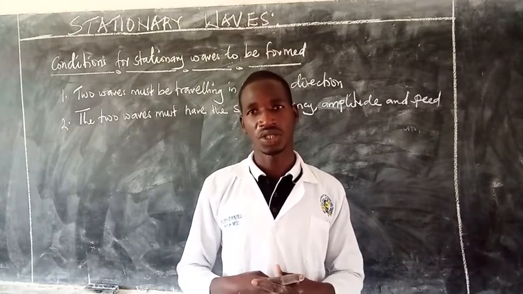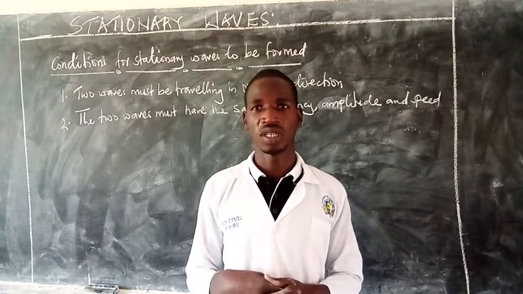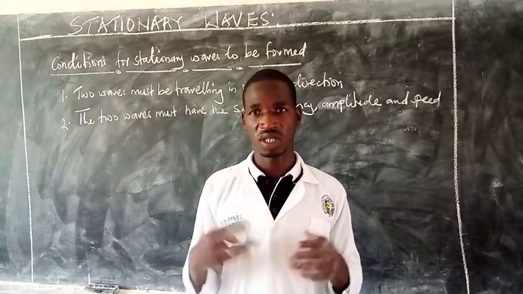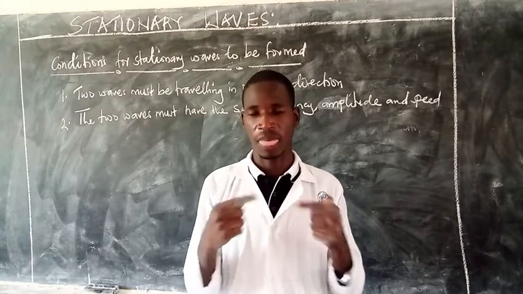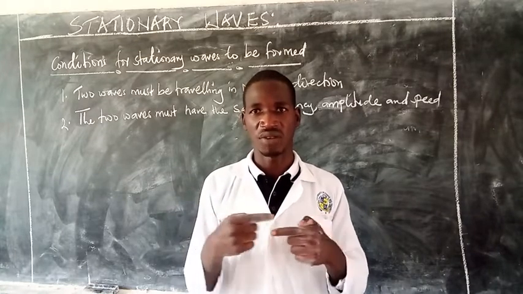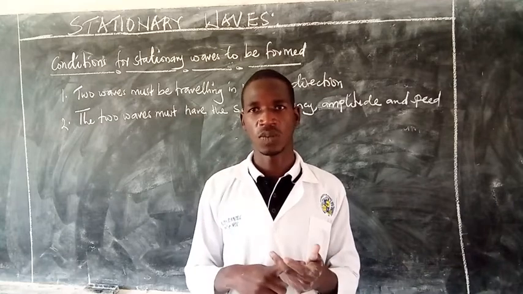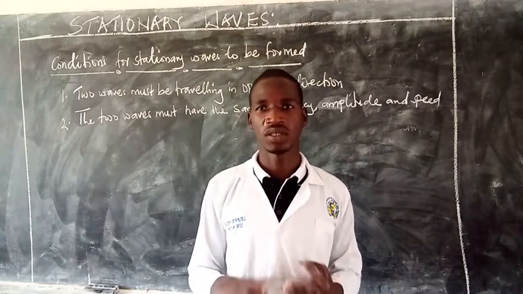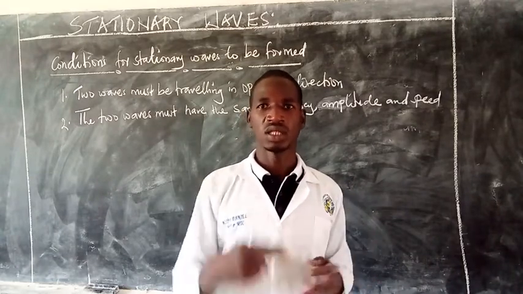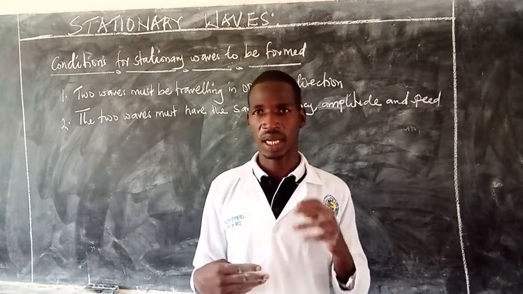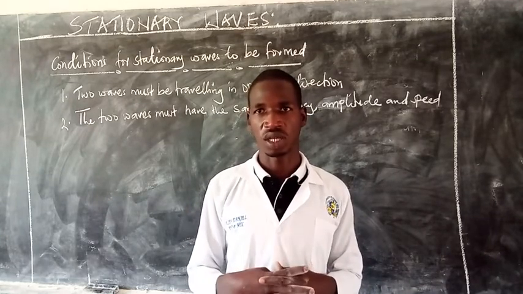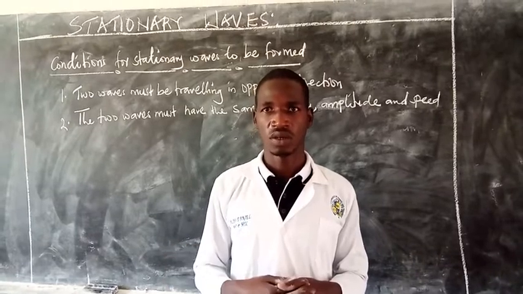Then the second condition is that the two progressive waves which are going to meet, traveling in opposite direction, must have the same frequency, same speed, and the same amplitude.